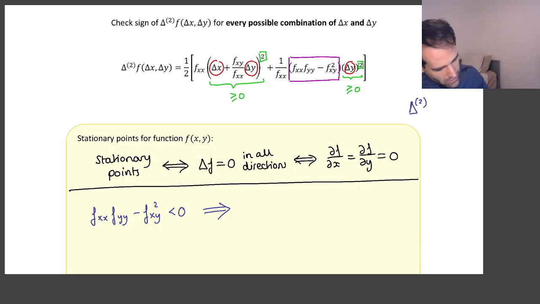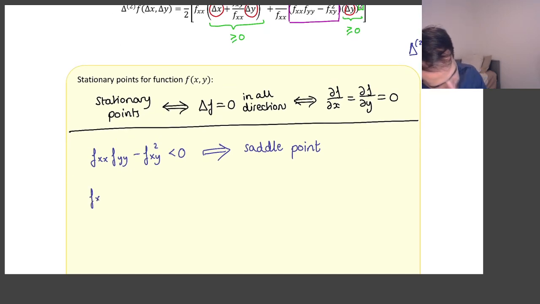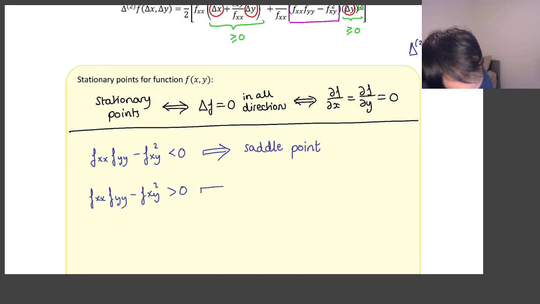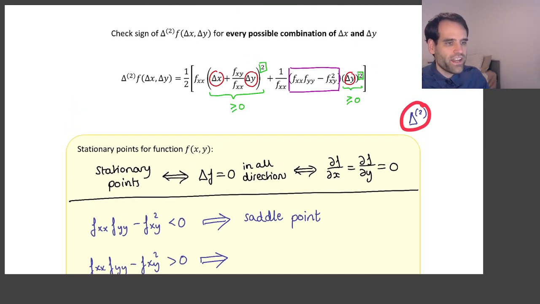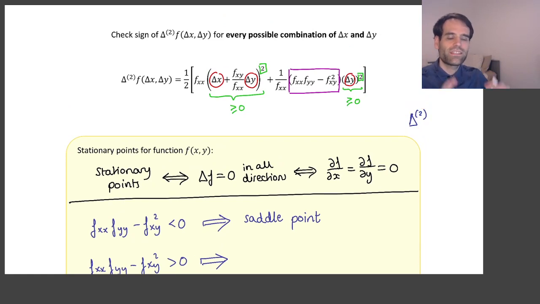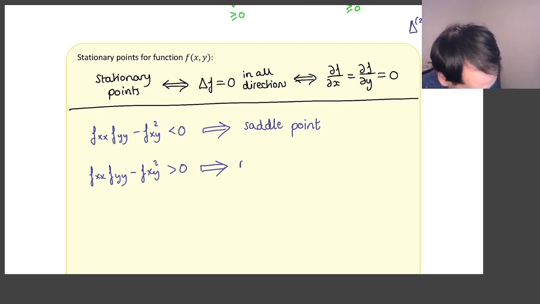Okay, so therefore we know that this is a saddle point. On the other hand, if this term is positive, then we know that the second order correction term delta 2 in the Taylor expansion never changes sign. It always has the same sign. And therefore we know that this is either a maximum or a minimum.